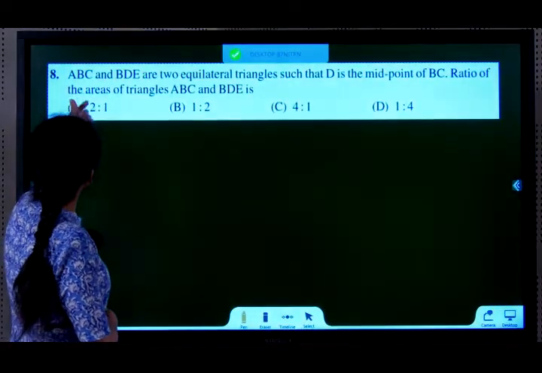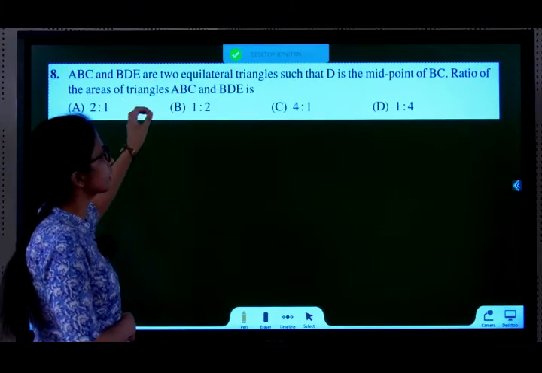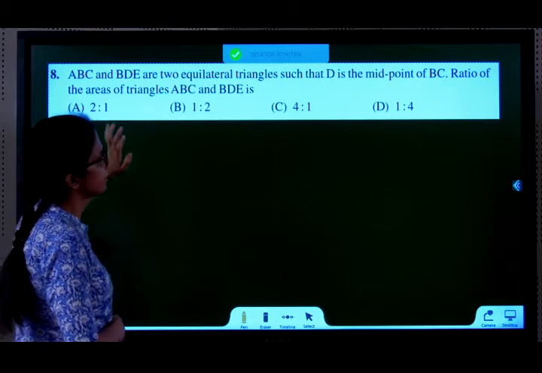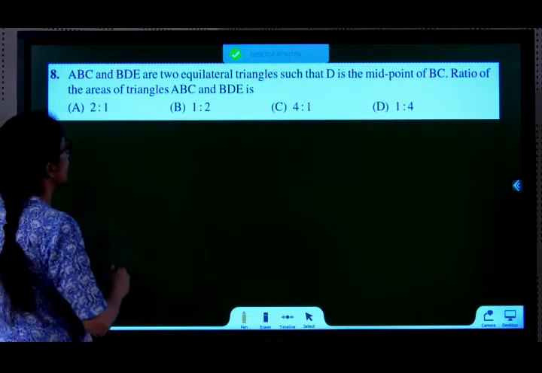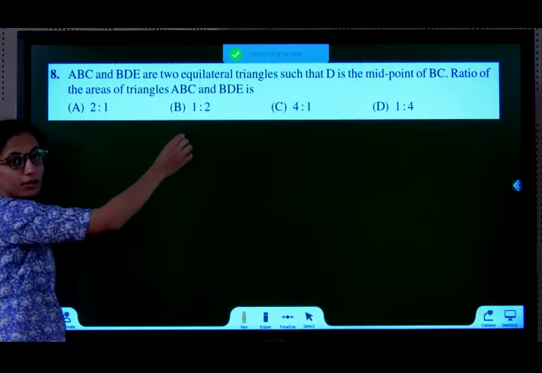Question 8. ABC and BDE are two equilateral triangles such that D is the midpoint of BC. Find the ratio of the areas of the triangles ABC and BDE. See, they have given that ABC and BDE are equilateral triangles.